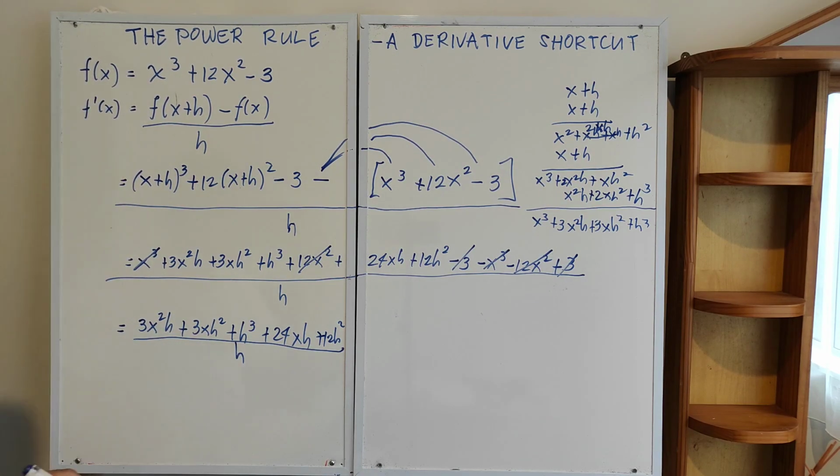All over h. All of them have an h, so we can factor out the h.